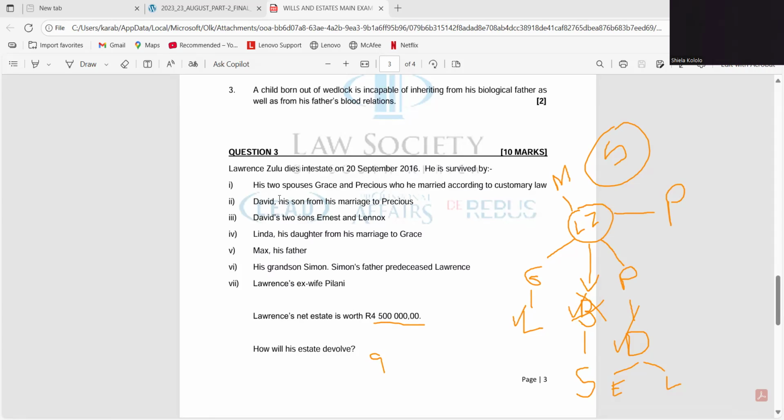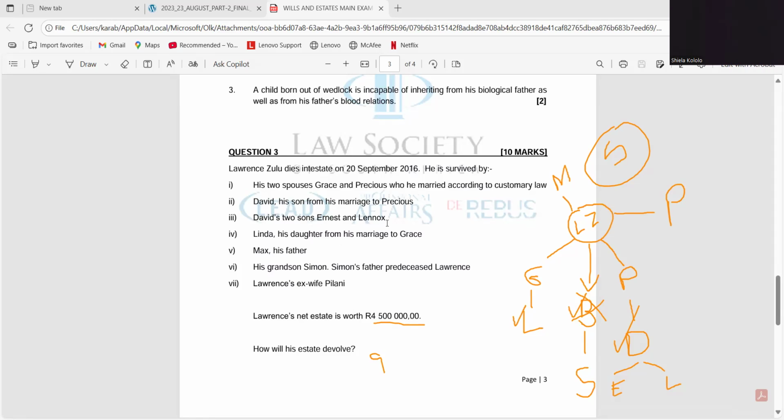And then David, his son, from his marriage to Precious. How much will David inherit? David will inherit 900,000. It's his share. Remember, we did a child's share. David's two sons, Ernest and Lennox, will not inherit.